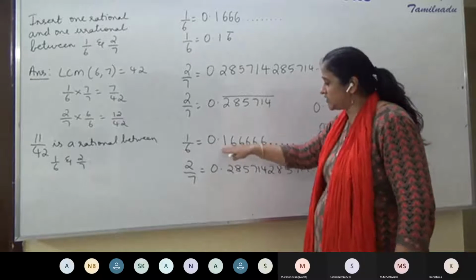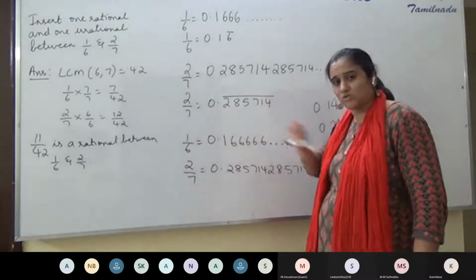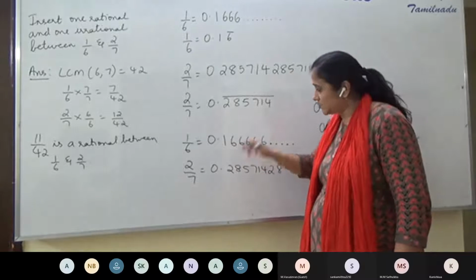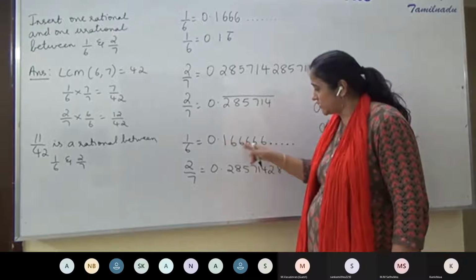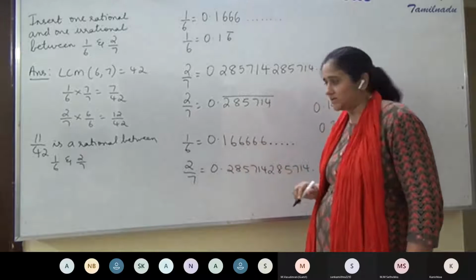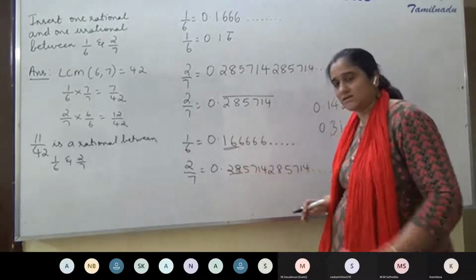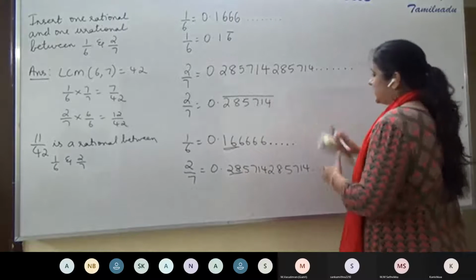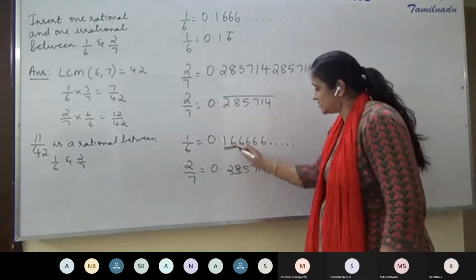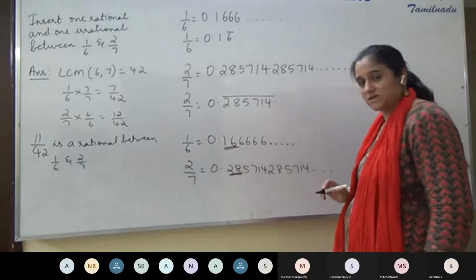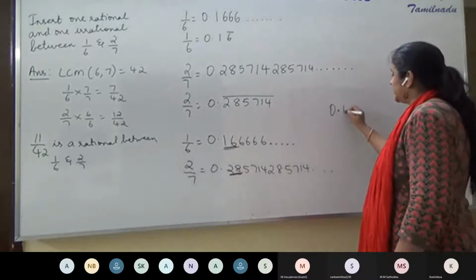And again, here it cannot be 0.15, 14, 12. No, be very careful. You should start between these two, 0.16 and 0.28. If you look at this as 16 and this as 28, then you can definitely write 0.17.